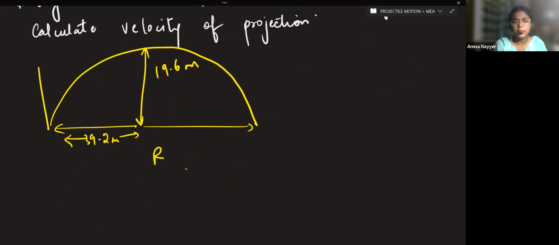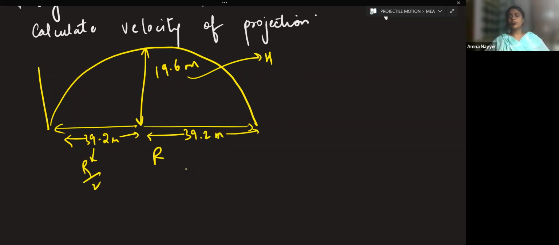So 39.2 this much and 39.2 this much. This is what we have to calculate. So this is the height and this is half of the range of motion. We have to double it for the complete range of motion.